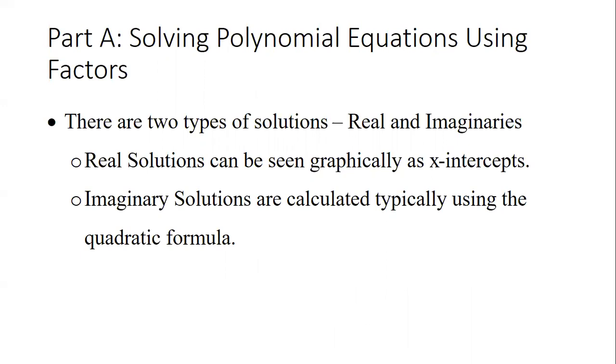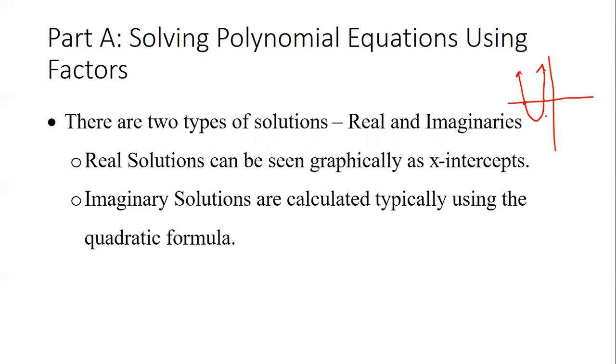So there are two types of solutions, real and imaginary, right? Real solutions can be seen graphically as x-intercepts. Imaginary solutions are calculated typically using the quadratic formula. So when we're talking about graphically, if we have a real solution, that means I see when that graph crosses the x-axis, right?